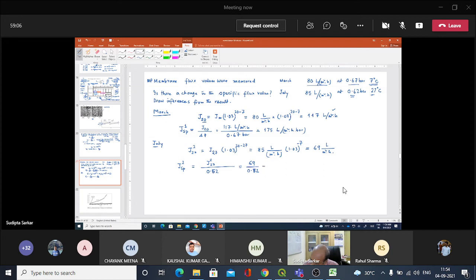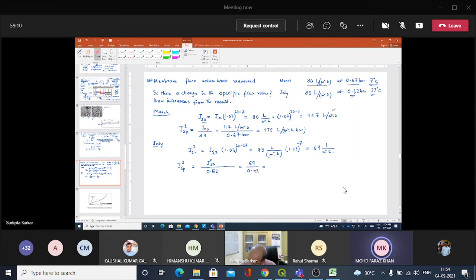So what is the value that we are getting? 111.2 liter per meter square hour per bar. All right, so this was the performance in both cases.